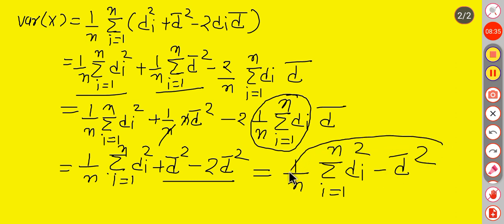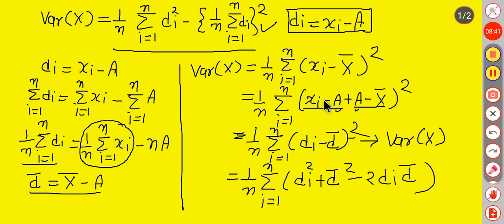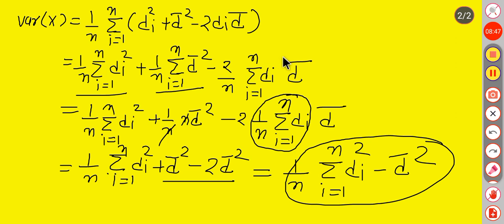And this is what we wanted to prove. Here d bar is 1 upon n summation over i from 1 to n of di, so you can replace it or keep it as it is.